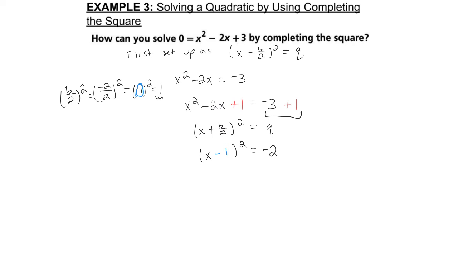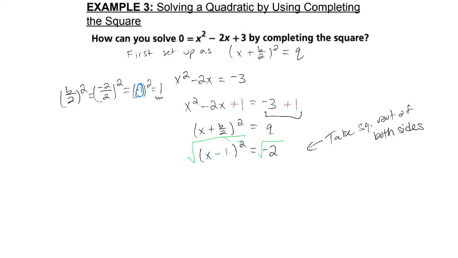Now we're going to solve this like we did in the first example, where it said solve by taking the square root. So we take the square root of both sides. These cancel out.